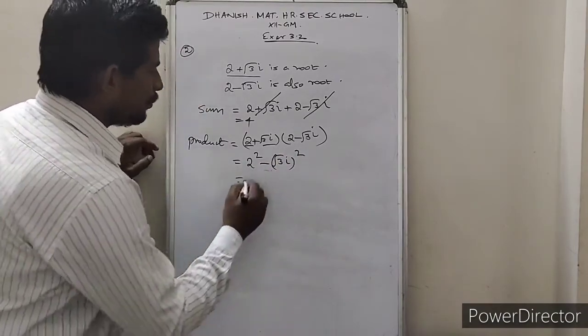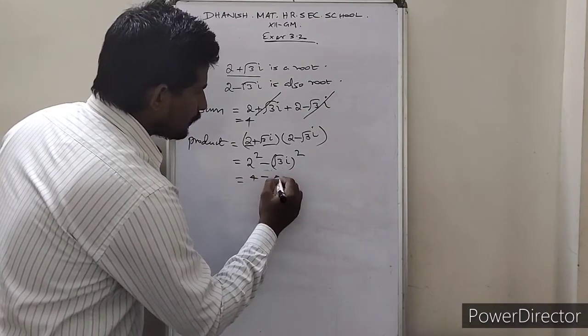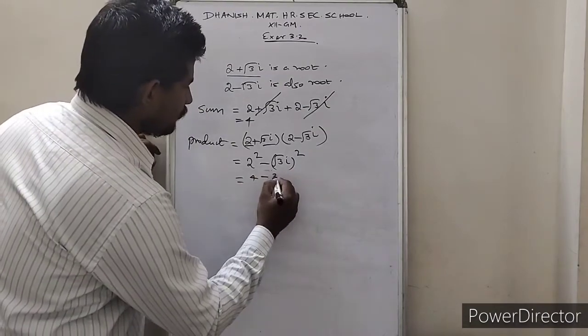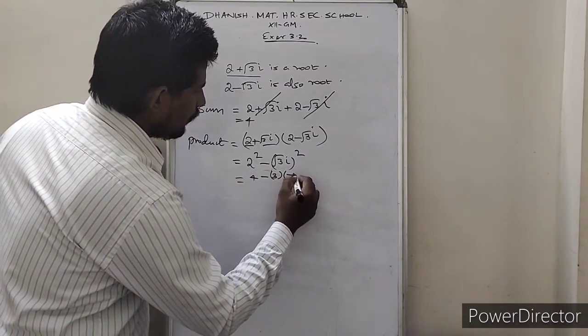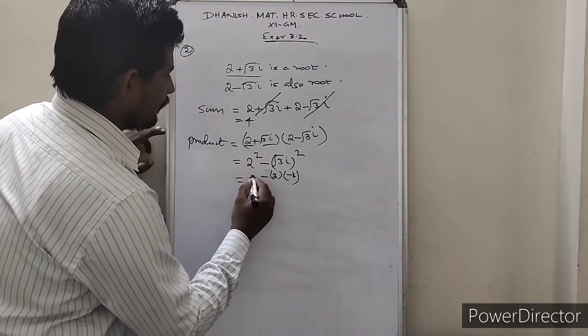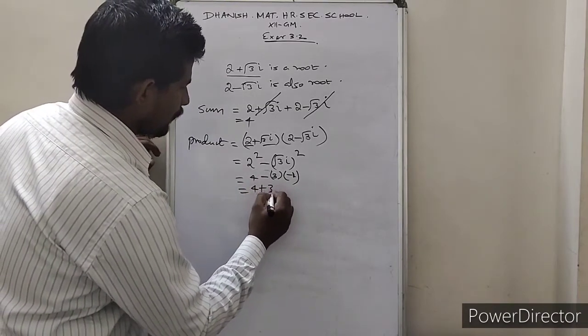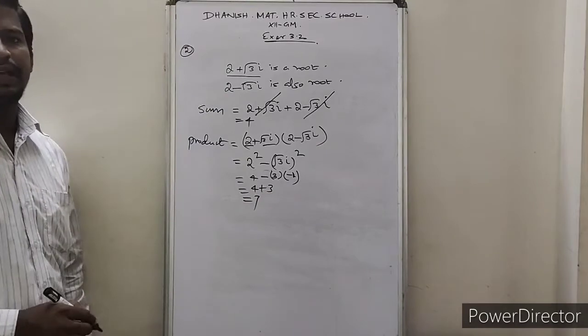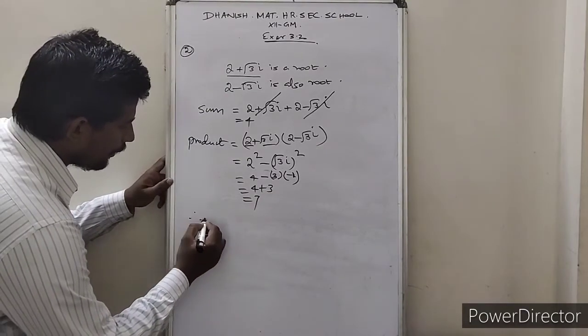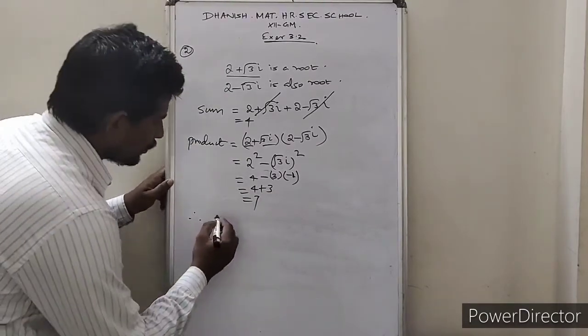So this is equal to 4 minus... Here our product of the roots is 7. So now I am going to write the required quadratic equation.